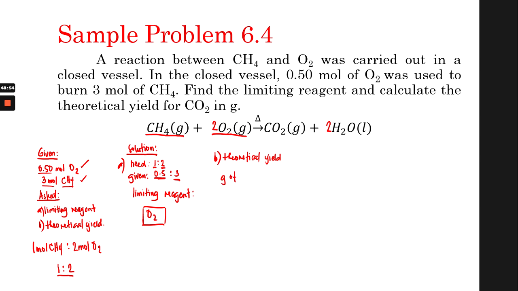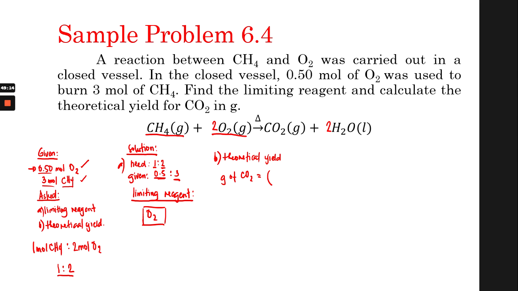So you're looking for grams of CO2, and what you are going to use here is your limiting reagent. Why do you need to use your limiting reagent? Because again, this is the one that determines the amount of product that you will get.